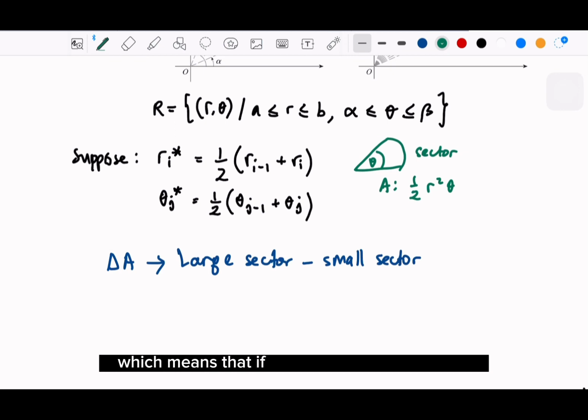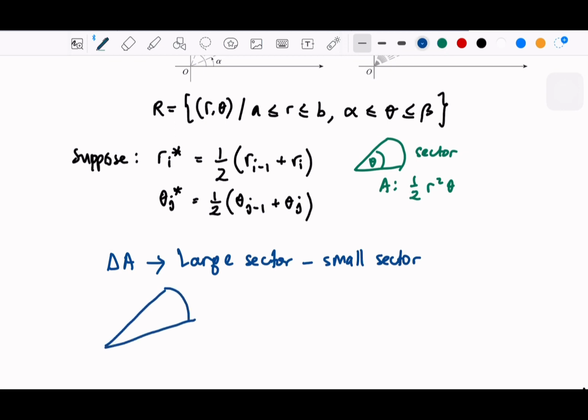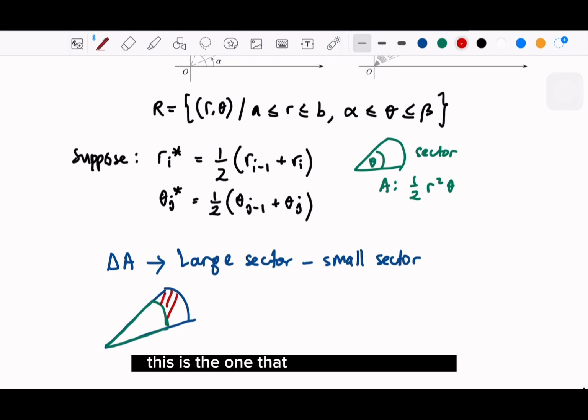Which means that if I draw here to make sure that this is the one that we're looking for. Okay. So suppose that this is the same building block as this is.